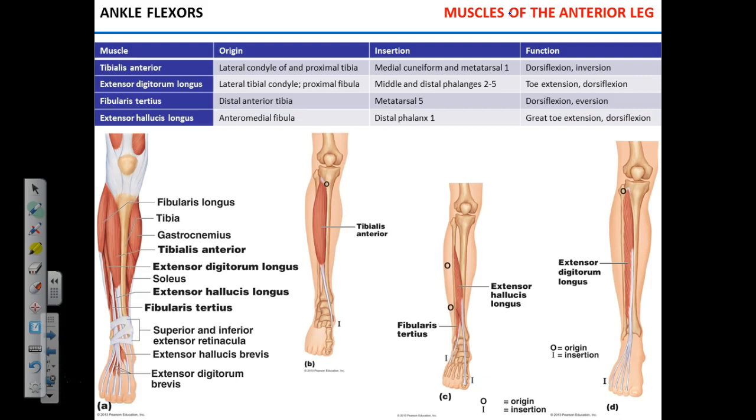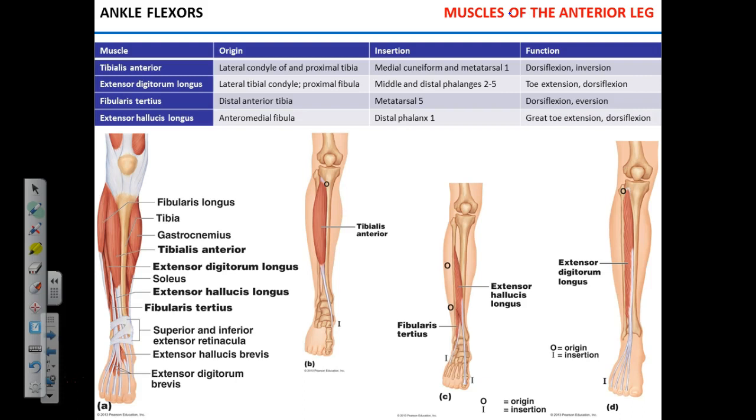Does that make sense? If the muscle crosses the joint anteriorly, it flexes. Posteriorly, it extends. So think about ankle flexion, what we also call dorsiflexion.